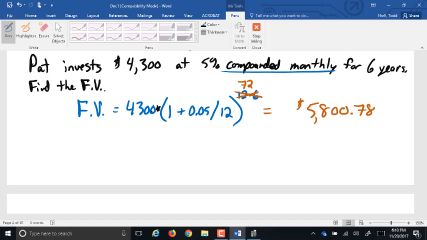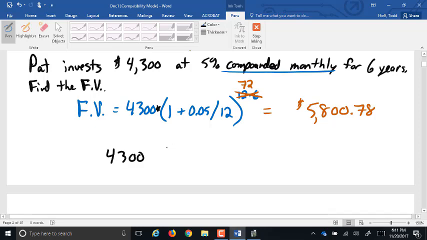Okay, so that one, let's just walk you through it again here, Anthony. So 4300 times, open parentheses, 1 plus 0.05 divided by 12, close parentheses.